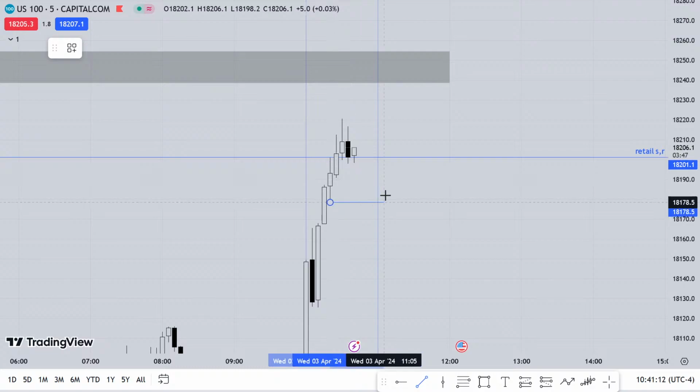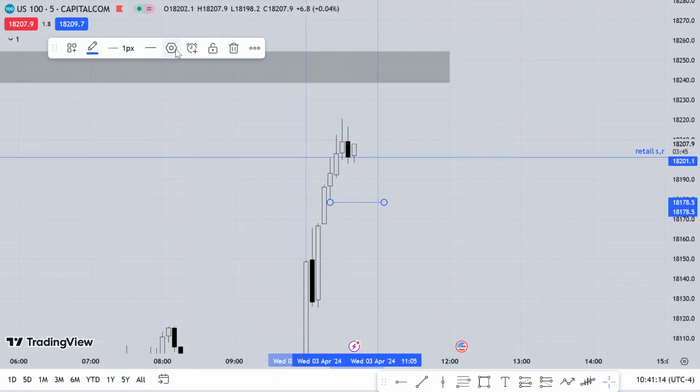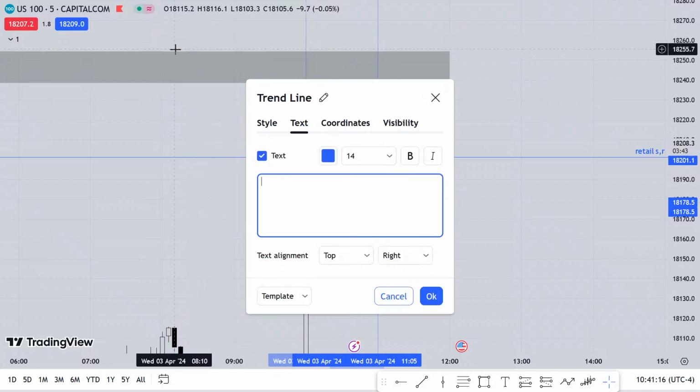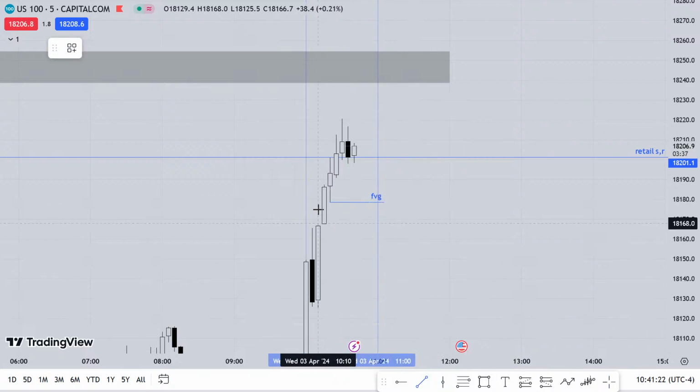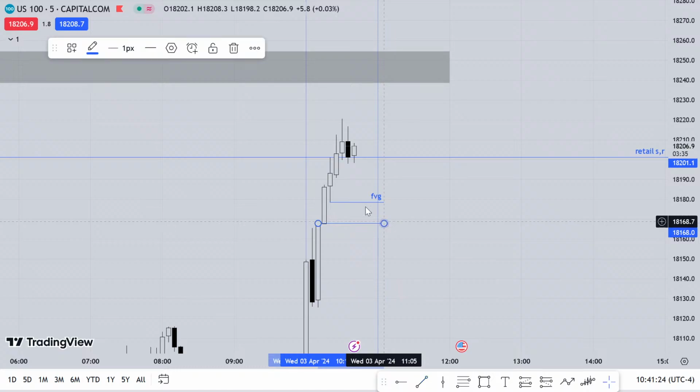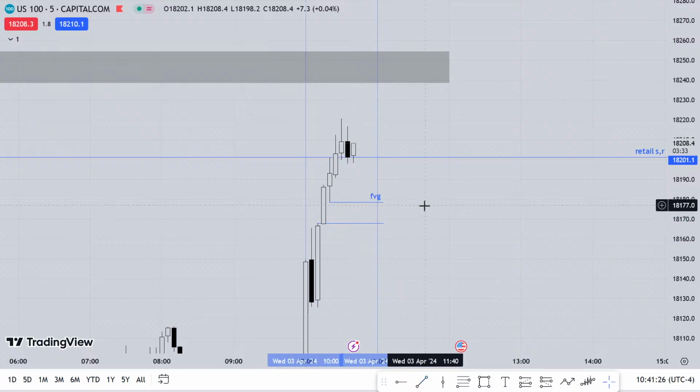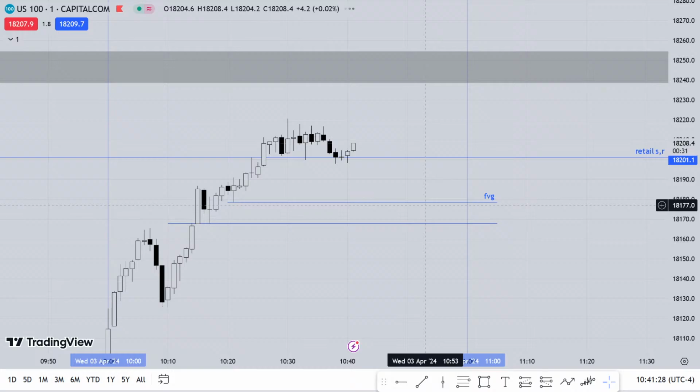So the price is extremely generous. I come to this fair value gap here. Well, it's unlikely. Let's see.